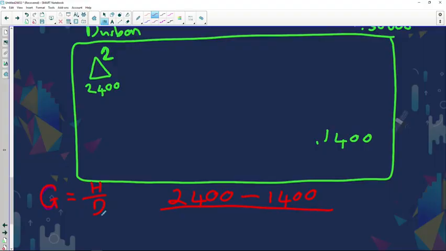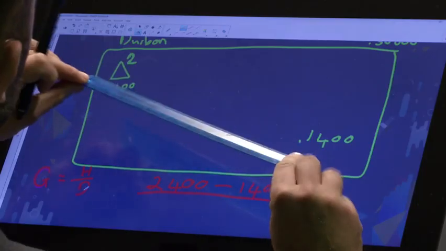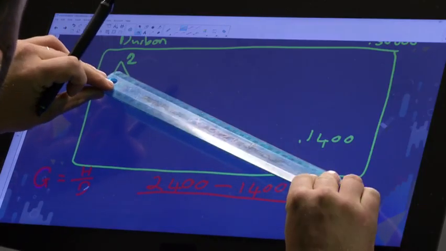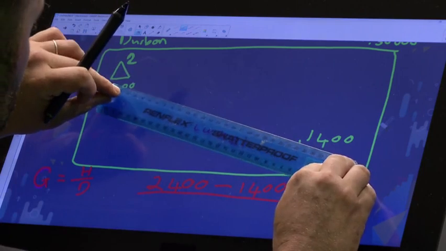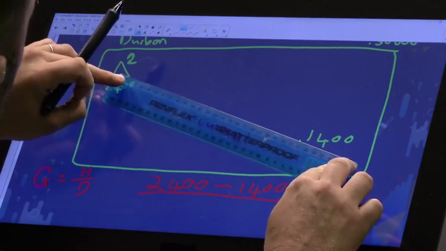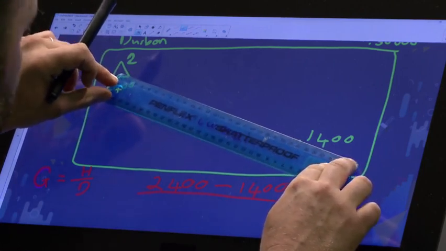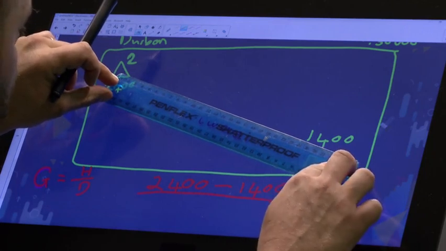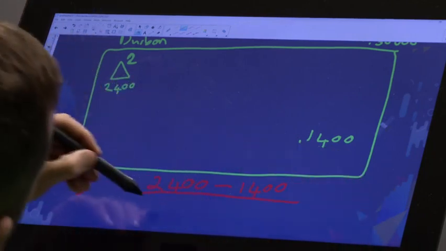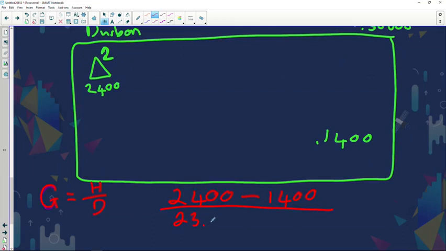Now, if you look at the formula, the D represents distance. So you use your ruler and you measure the distance between the tree beacon and the spot height. And as you can see, it's 23.5 centimeters.